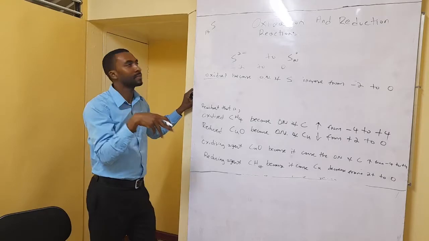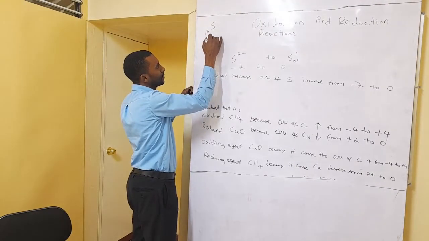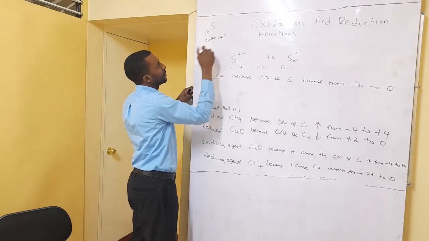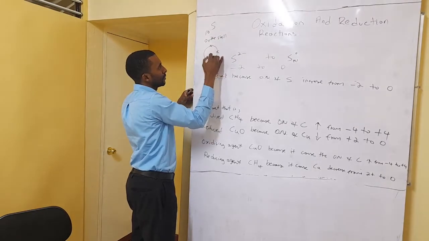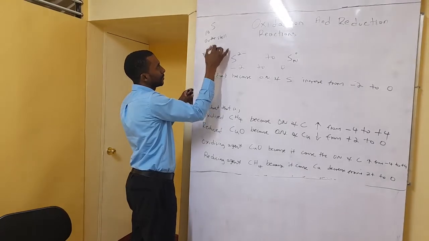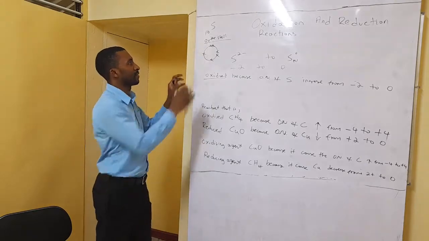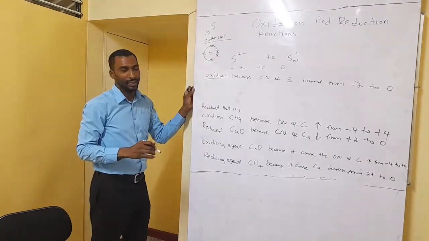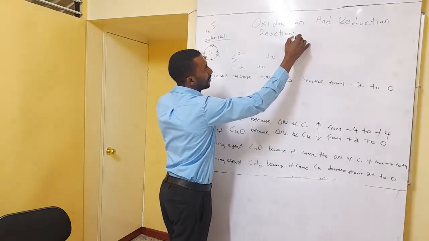So in terms of the outer shell, it will have 6 electrons. This is the valence shell only, represented for the sulfur.